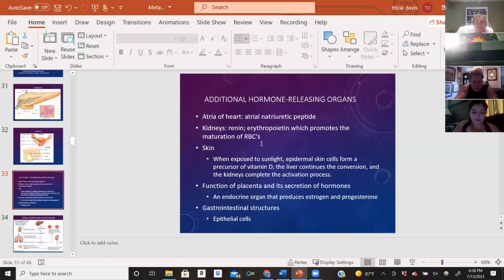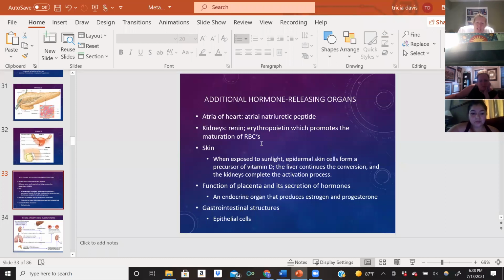So the body does make a couple other additional hormones. We know that in the atria of the heart, we have that atrial natriuretic peptide that can be released. Our kidneys are going to secrete renin and erythropoietin, which is going to help with the maturation of those red blood cells that we need to get that oxygen-rich blood in our body.